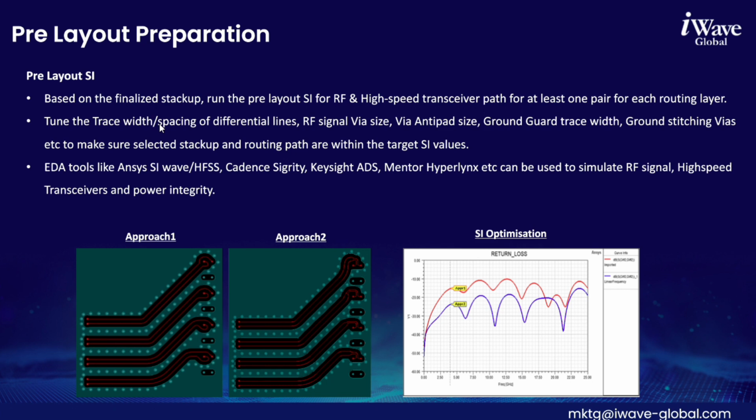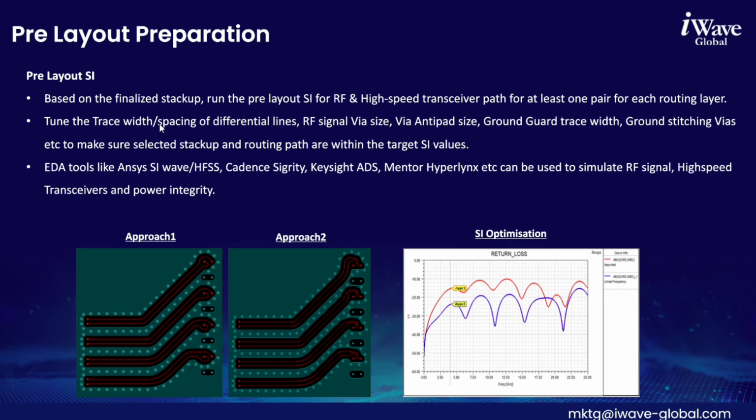We have to take care while routing what type of guard trace has to be used, what length and thickness of the guard trace, what via stitching we have to use, and what type of antipad size we have to use. These things we have to tune and simulate and make sure we get secured SI performance before proceeding to the layout.